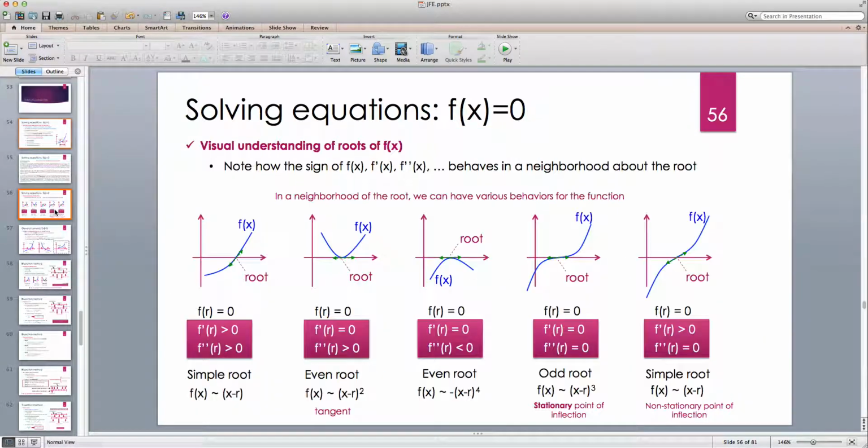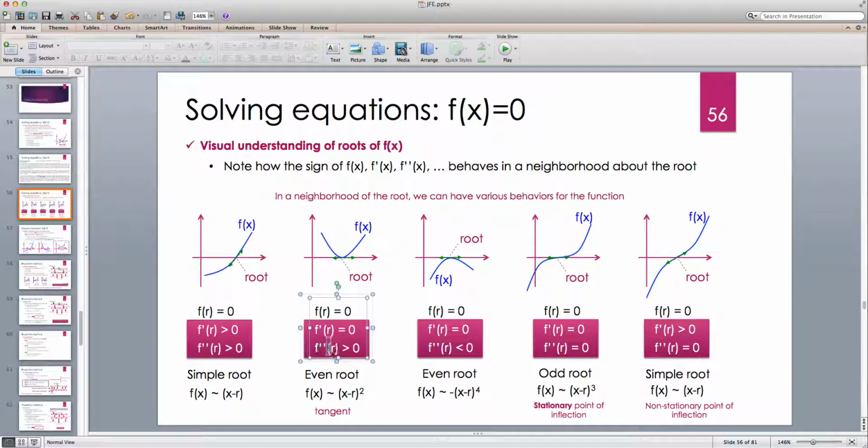Now, to recap, we said that the behavior of the function locally around the root could be either a tangent, where it could be either a simple behavior, which we call a simple root, or it could be tangent without changing the concavity of the function.